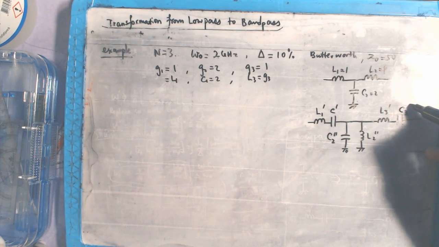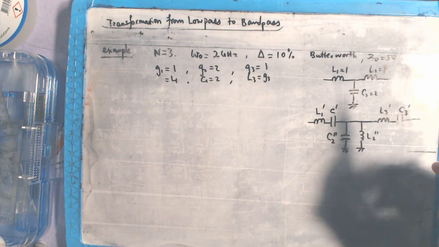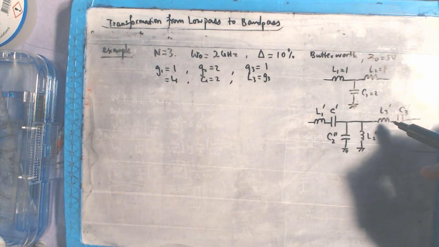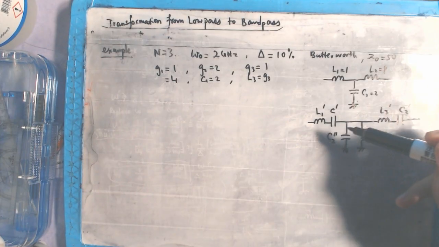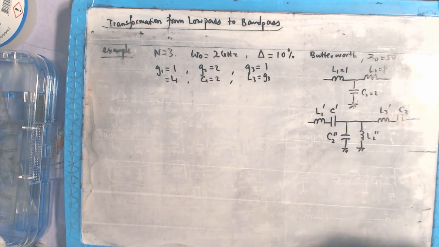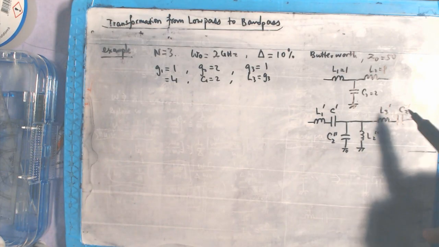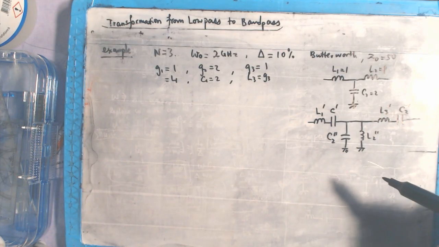So if all the values are properly calculated, then this will be your bandpass filter. But of course, you need to calculate L1 prime, C1 prime, all these values. So I'm going to show you how to do it.